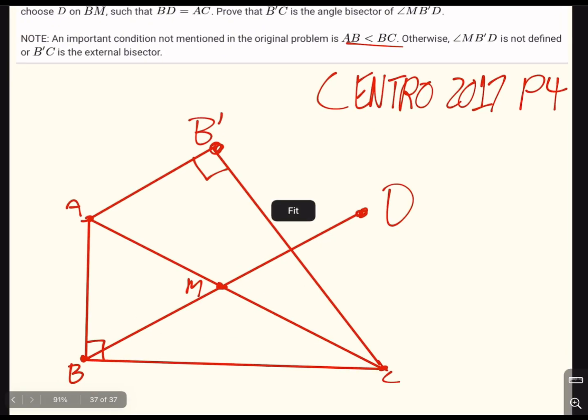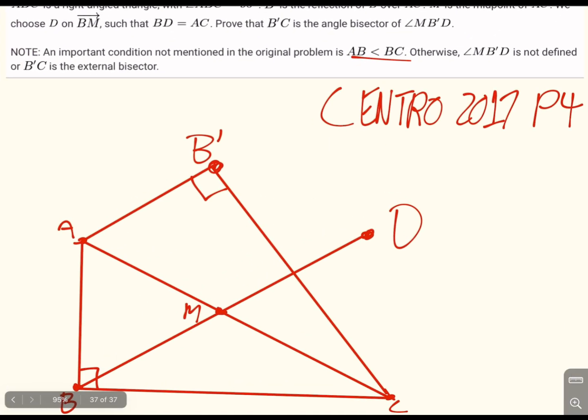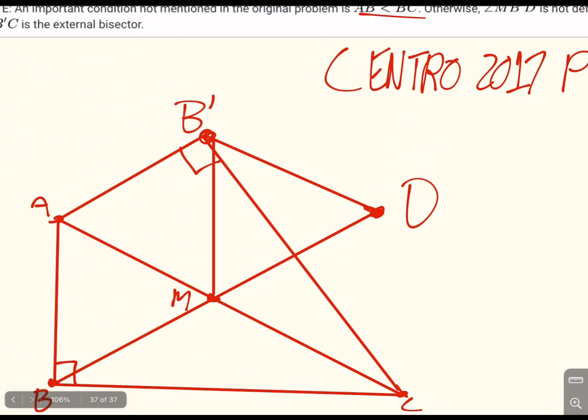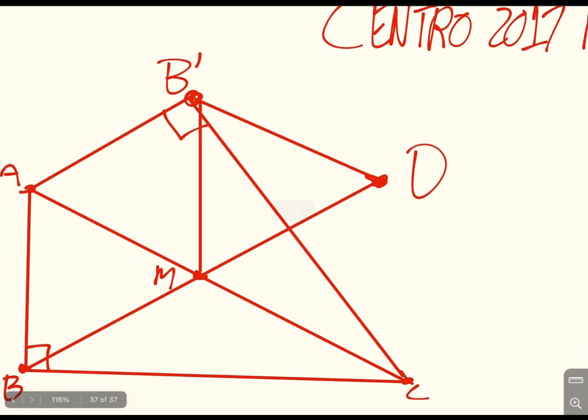And now we've got to prove that B prime C is the angle bisector of angle MB prime D. So let's make that small line here, the angle.